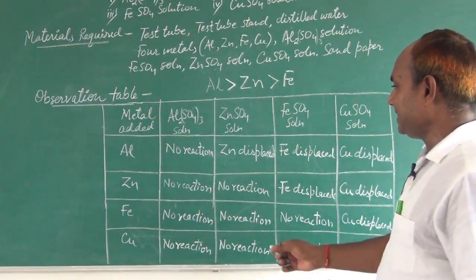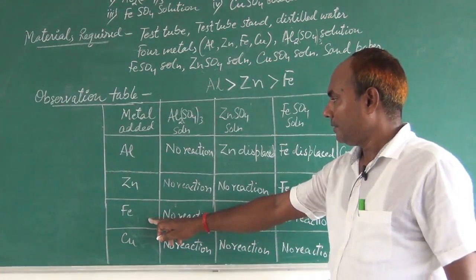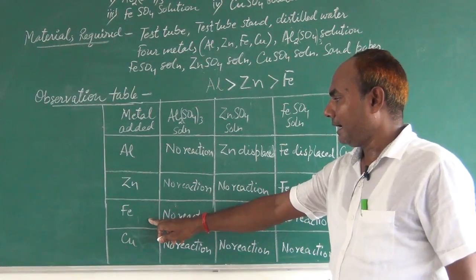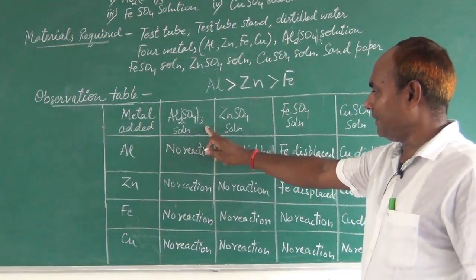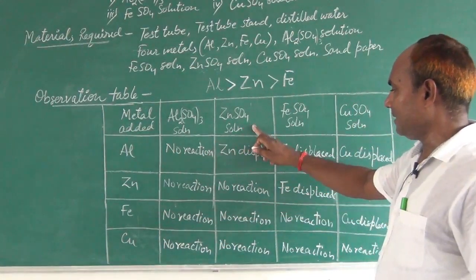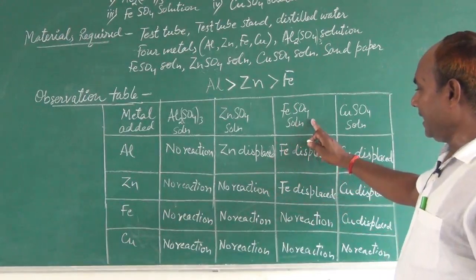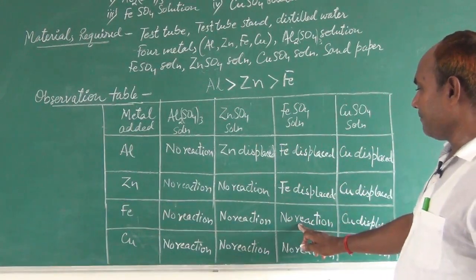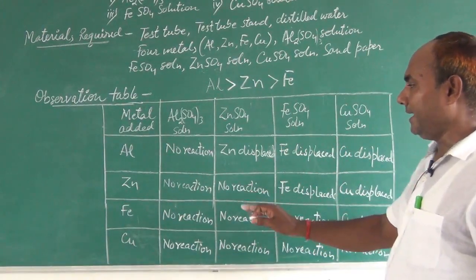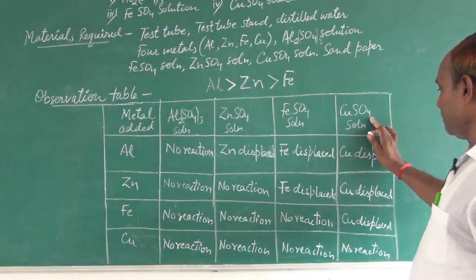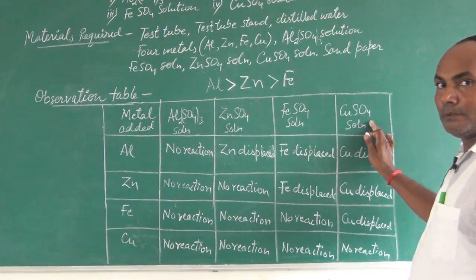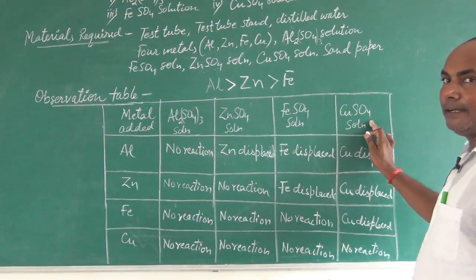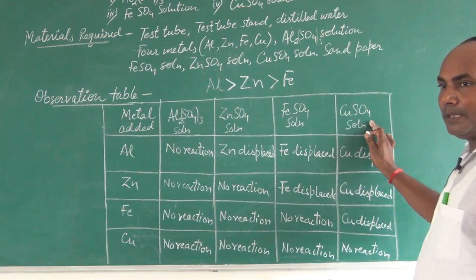Now, if we see the third row, in which we have taken iron metal: when added in aluminum sulfate solution, no reaction; in zinc sulfate solution, no reaction; in iron sulfate solution, no reaction. But when we add iron metal in copper sulfate solution, the color of the copper sulfate solution changes, which tells us that a displacement reaction takes place.